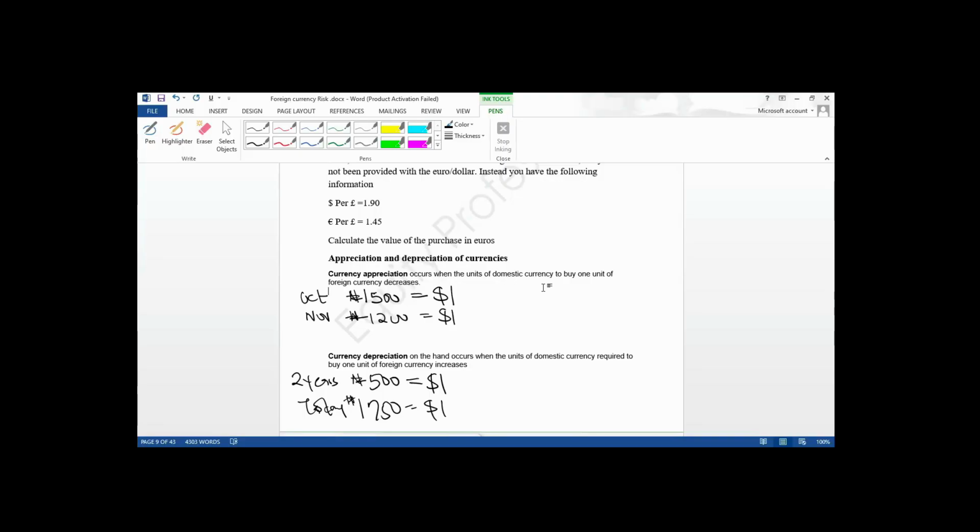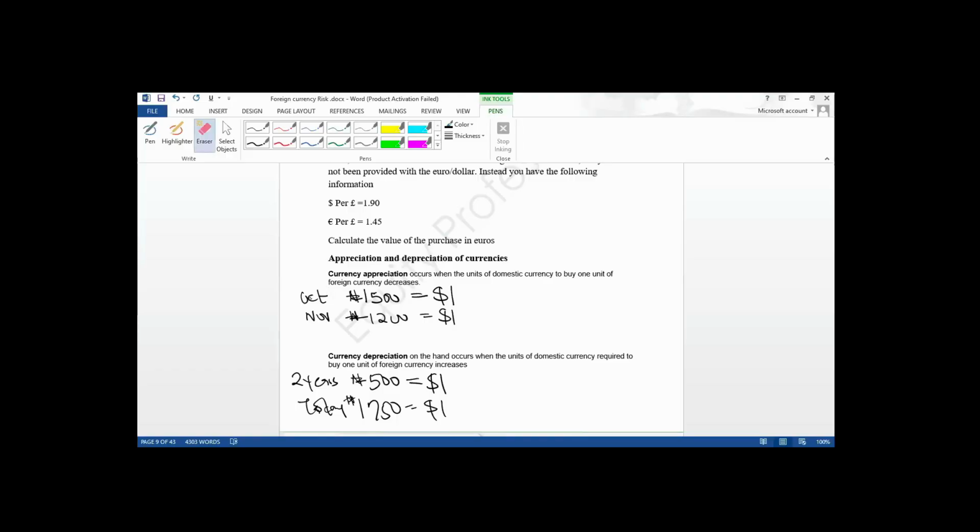Currency appreciation is a situation where the quantity of local currency needed to buy 1 unit of foreign currency decreases or reduces. That is currency appreciation.